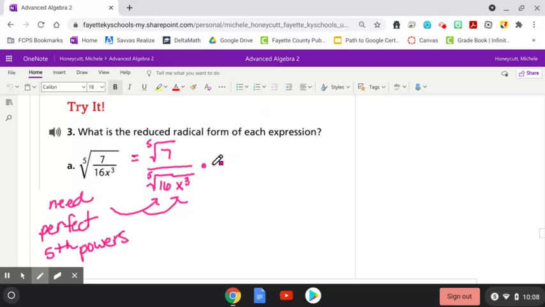So I need to multiply by something that's going to cause the denominator to have a perfect fifth power. Well, x cubed times x squared is going to be x to the fifth. So I'm going to multiply the numerator and the denominator by the fifth root of x squared.